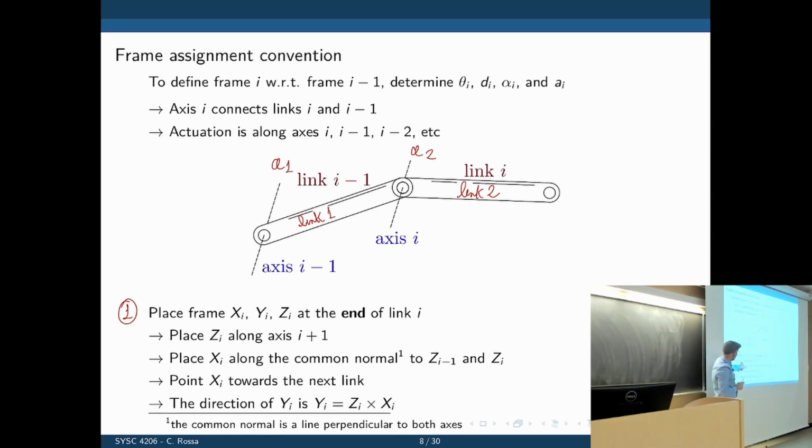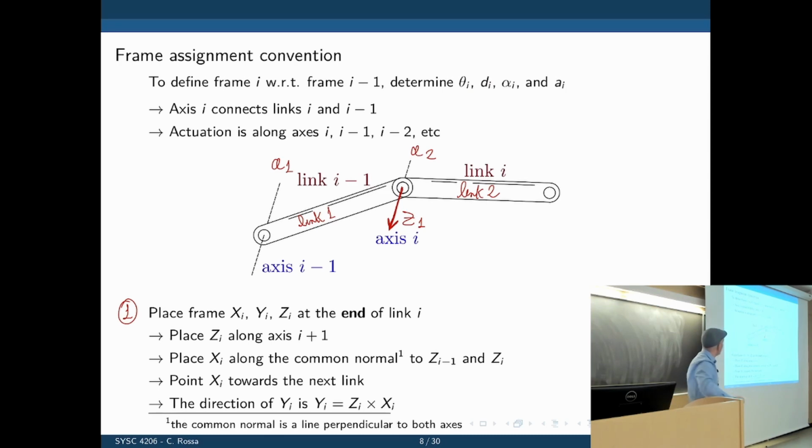So Zi will be placed on axis i plus 1, which means that if here we have axis 2, this is Z1. Right, so Z is 1 behind the axis. What is this Z1? The idea of Z1 is to give the position of link 1. So it goes at the tip of link 1 along the actuation axis.